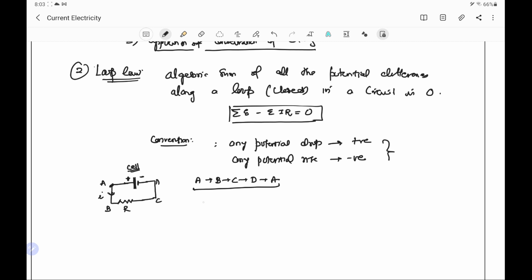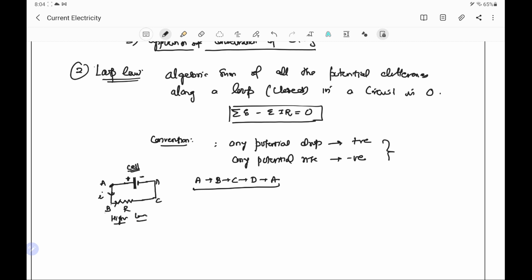If we write the expression for this loop, starting from A, A to B is a simple wire, and a simple wire has negligible resistance, so there is no voltage drop. Then when we move from B to C, we are moving in the direction of current, and current flows in the resistor from a higher potential to a lower potential.